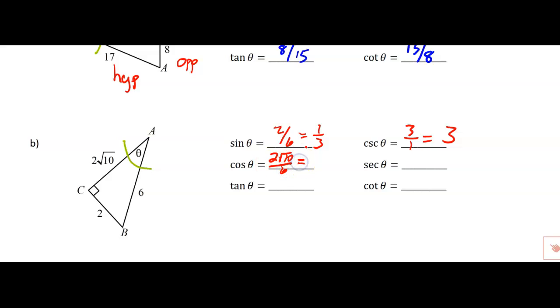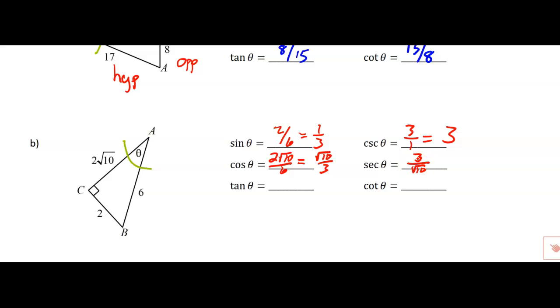And did you reduce that? If I reduce to root 10 over 6, what do I end up with? Square root of 10 over 3. And then when I flip that over, for secant I get 3 over square root of 10.